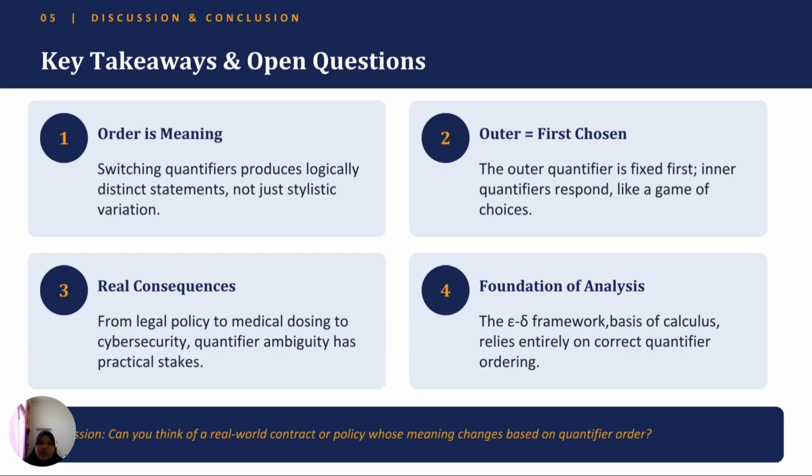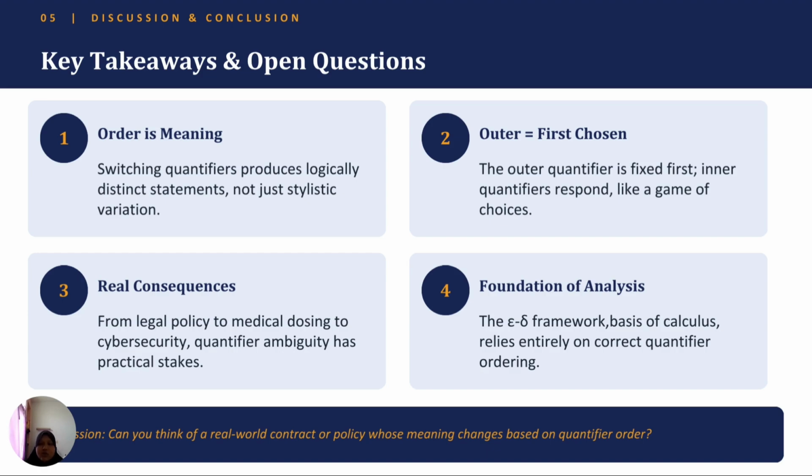Third, this has real consequences in real life. Quantifier ambiguity can affect how we understand things like contracts, policies, medical rules, or cybersecurity requirements. A small difference in wording can change who is responsible or what condition needs to be satisfied.